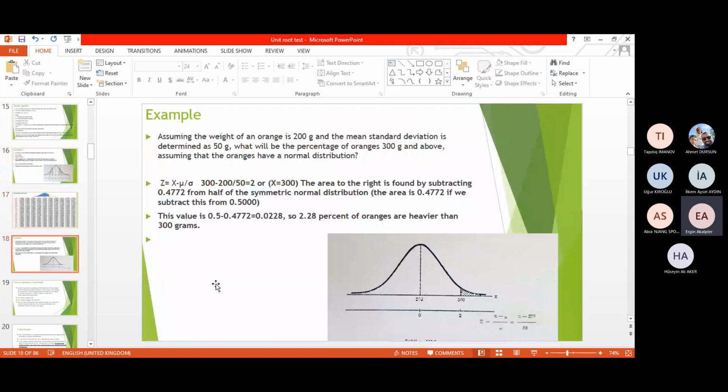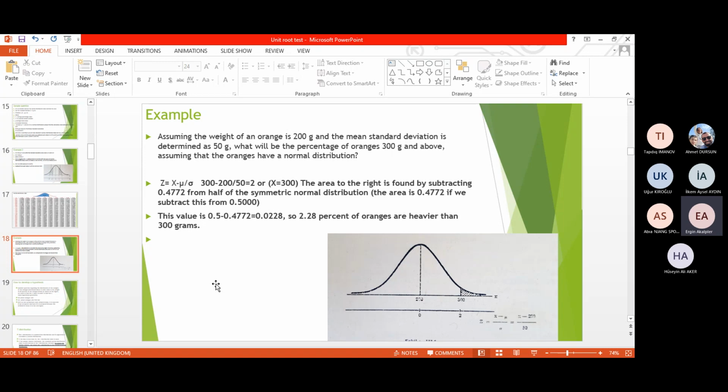Okay, then we are here assuming the weight of an orange. Now I'm going to give you another example, which helps you a little to understand the reason why we are using this for the unit root analysis. Assuming the weight of an orange is 200 gram and the standard deviation is determined as 50 gram.